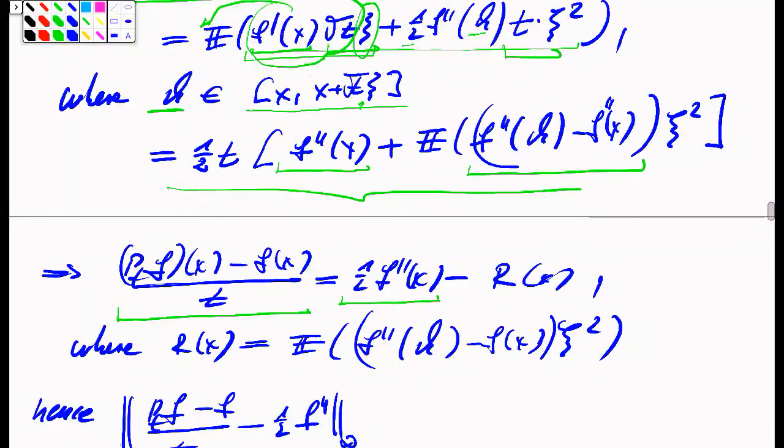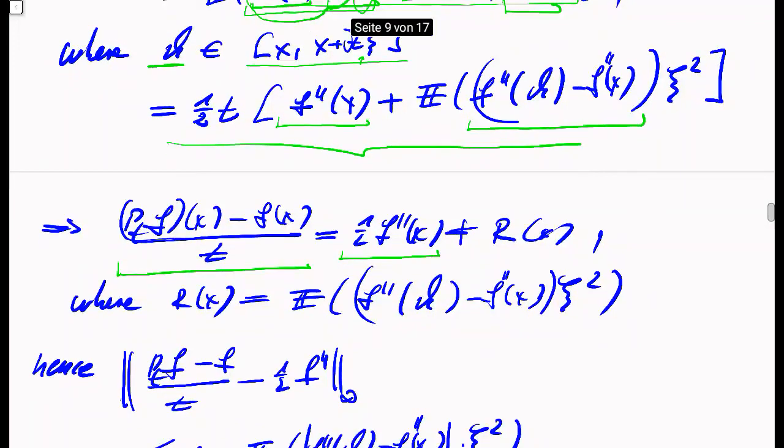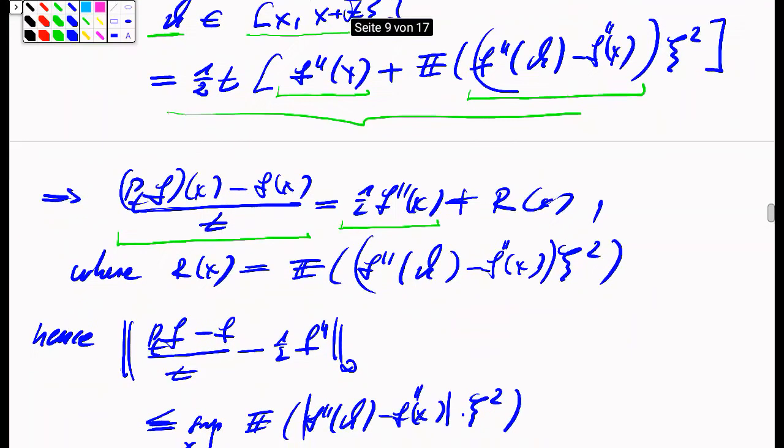I prefer to write it plus the remainder term, which has the representation that it is the expectation of f double prime at this intermediate point theta minus f double prime at the position x, multiplied by xi squared, where xi is our standard normal with regards to which we do this expectation here inside.